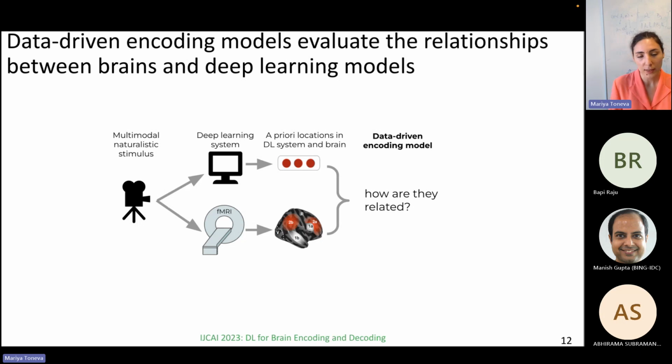And then we present the same stimulus to a deep learning system that can also process similar sensory modalities. So if we have a multimodal stimulus, we would want to use a multimodal model, for example a video transformer that can take both the video frames as well as the auditory input and create joint representations of the two.